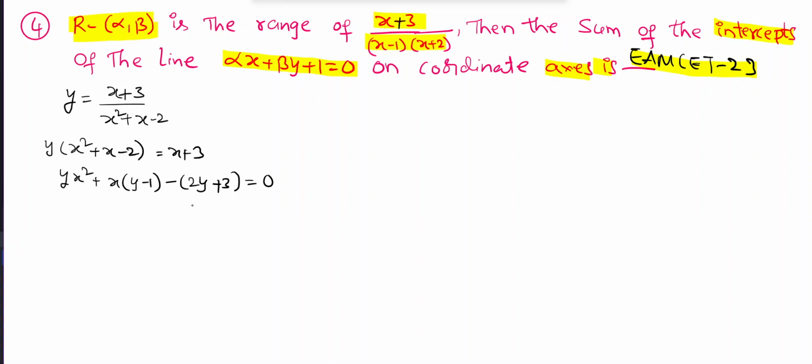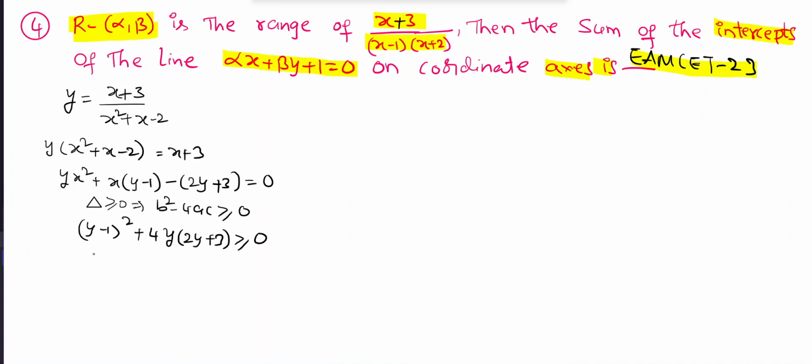Now this is a quadratic equation. So from this, take delta greater than or equal to 0. We know that delta means b square minus 4ac greater than or equal to 0. Here b square is (y minus 1) whole square minus 4 into a value 1, c value is minus (2y plus 3), so plus, greater than or equal to 0.